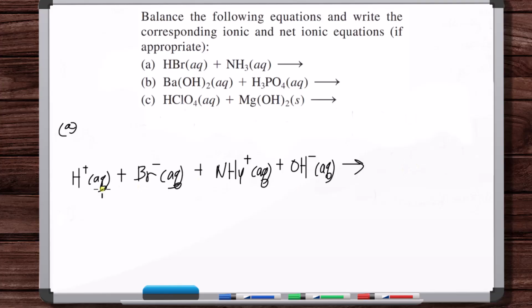Now let's mix and match everything and write out what results. First of all, we've got H plus ions and OH minus ions. Great. So that's going to result in liquid water. So we've shown the generation of water for sure. And now, what else is left? Well, the Br minus and the NH4 plus ions are going to interact, and that's going to be the salt.